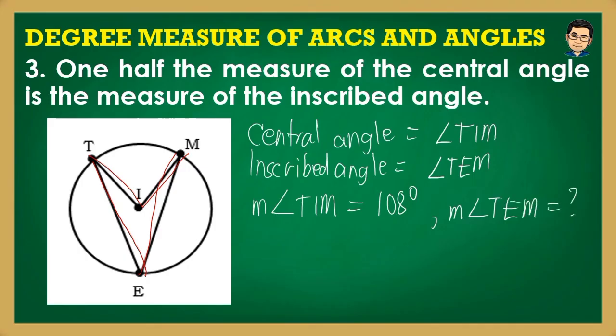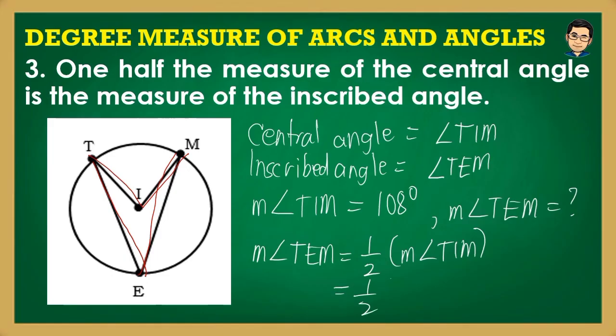We just write the mathematical statement. The measure of angle TEM is one-half the measure of angle TIM. The measure of angle TIM is 108 degrees, so we just divide that by two.